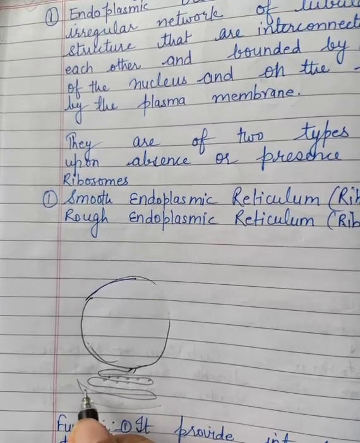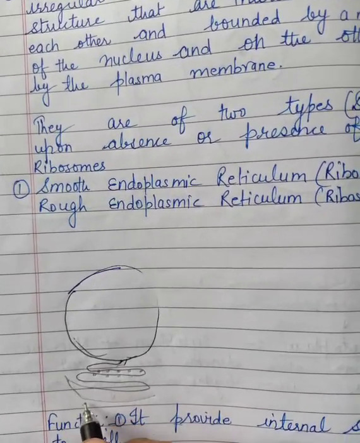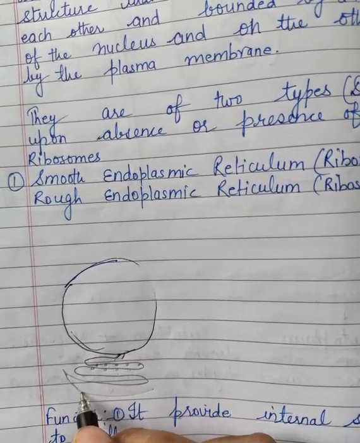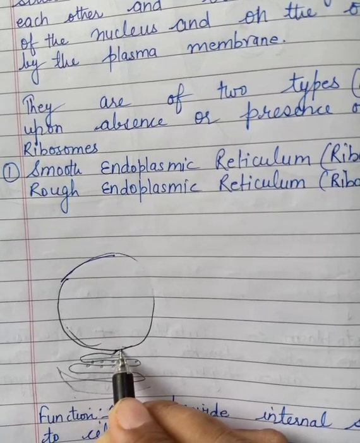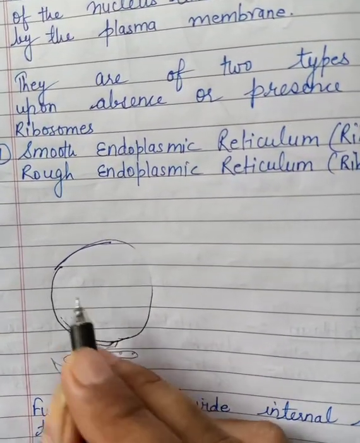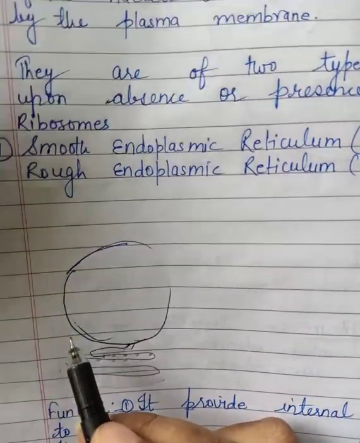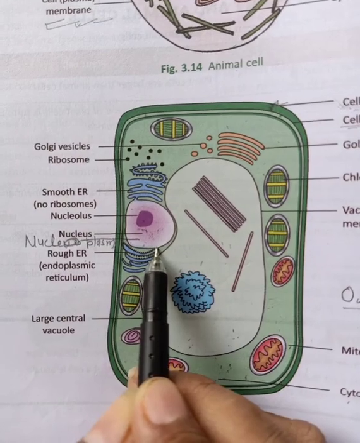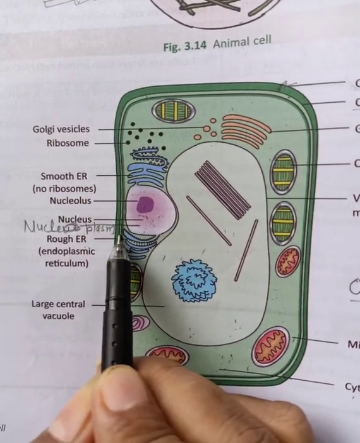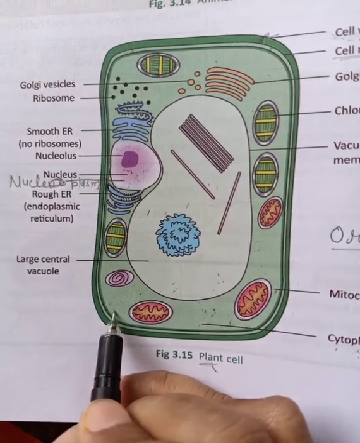These extend from the nucleus, and as they extend from the nucleus, they are bounded by the membrane of the nucleus, and on the other hand, because outside is the plasma membrane, they are bounded by the plasma membrane. You can see in that picture also, this is the membrane of the nucleus and the outer side is the plasma membrane.